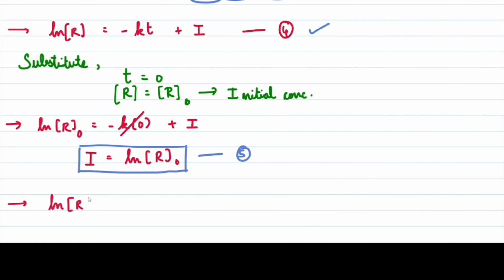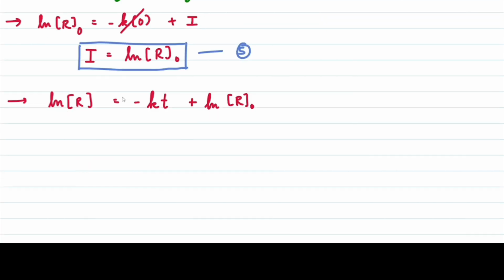ln r is equal to minus kt plus ln r naught. Okay, a little thing to keep in mind before we proceed to the derivation: this equation looks similar to y is equal to mx plus c.